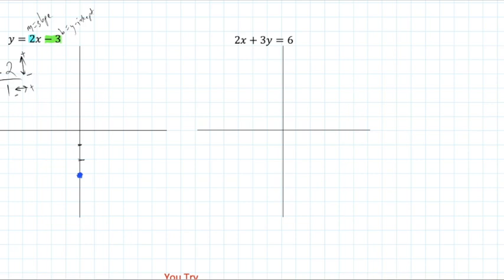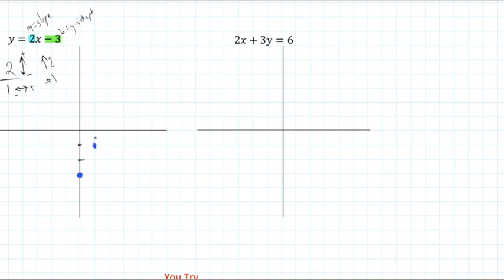So since this is a +2 and a +1, this is telling me I'm going to go up 2, and since this 1 is positive, I'm going to go right 1. So I'm going to start from the point I drew. I'm then going to go up 2 spaces, so up 1, up 2, and then right 1, and then I can put my next point.